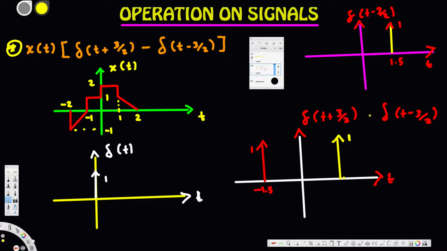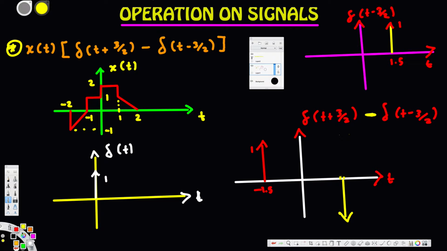So this is plus, but if I put minus here, what's going to happen is it's going to flip around and it's going to be facing downward. So we have to draw this one in the downward direction. Okay, so this one is going to be downward right now, and this is minus.